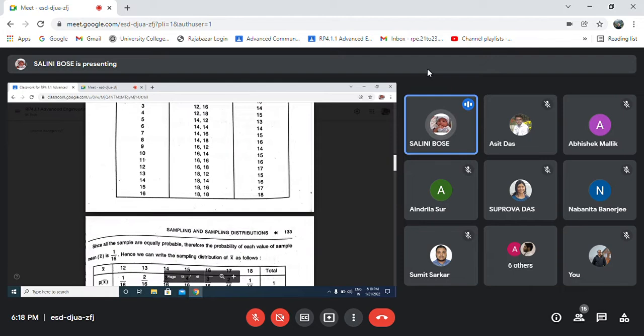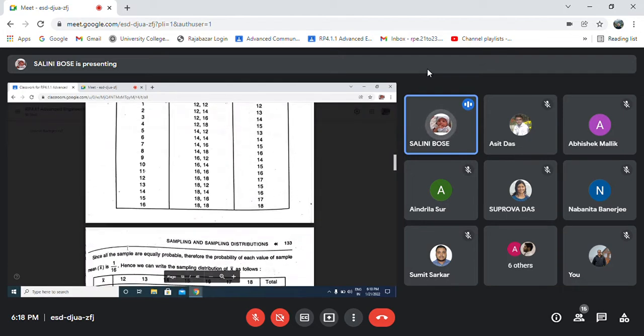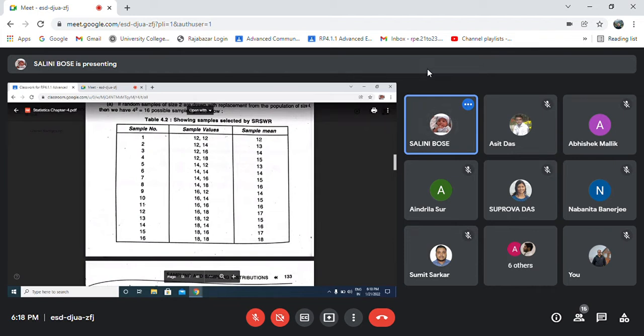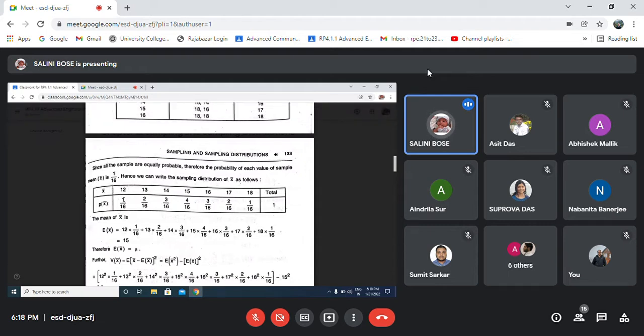But we need to see how they are occurring. How many times has 12 occurred? Only one time. So 12 will have probability 1 by 16. That is why the probability of the sample mean 12 is 1 by 16.